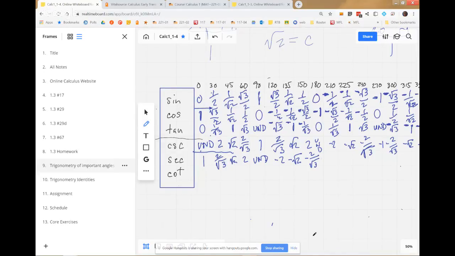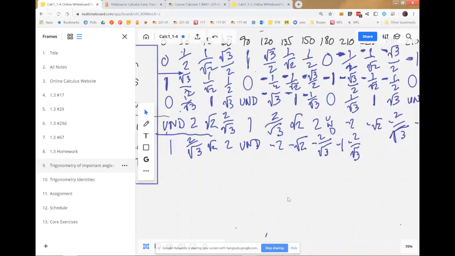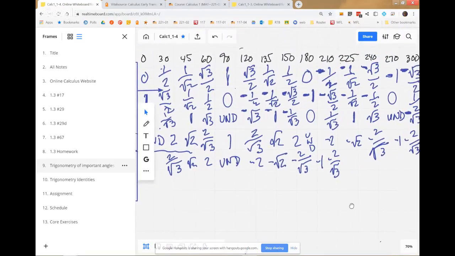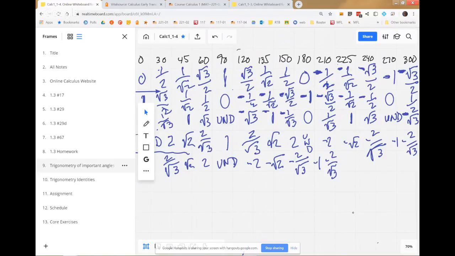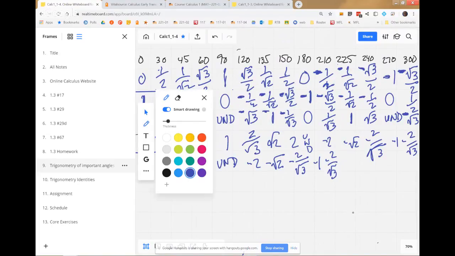I see I'm running out of space here and I'm getting unlined up. That's a -1. Here we have -2 over square root 3. Sorry, I'm going to have to make this bigger. It's getting a little too hard to fit everything in here. Okay. Negative square root of 2. -2. Undefined.